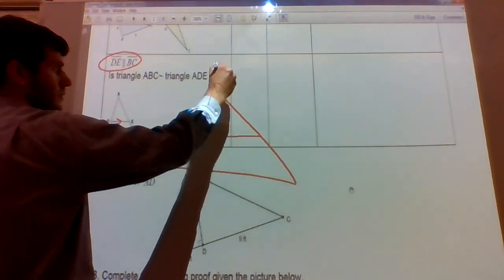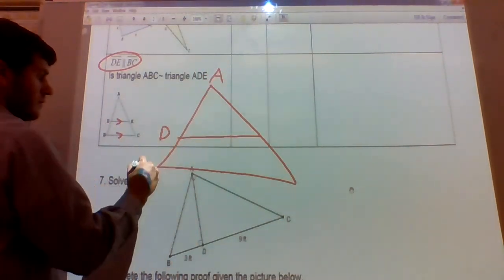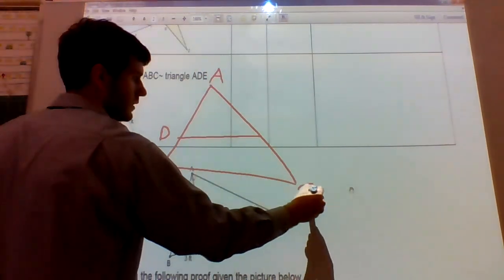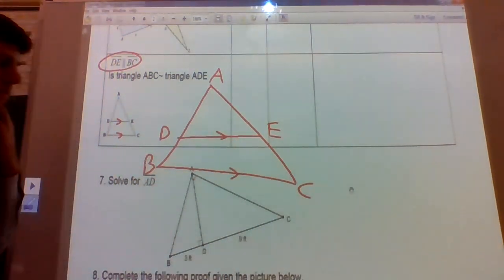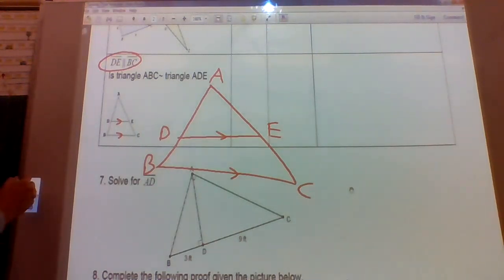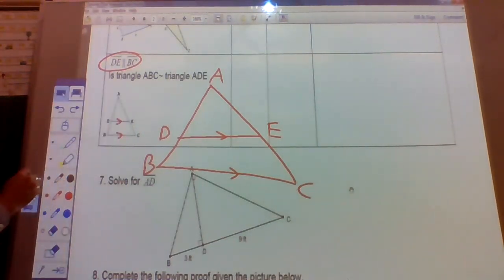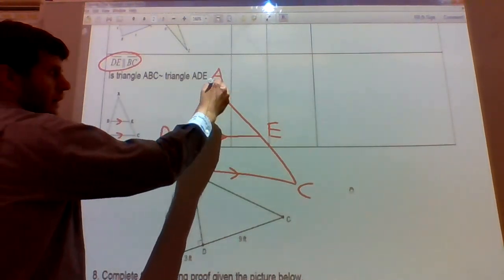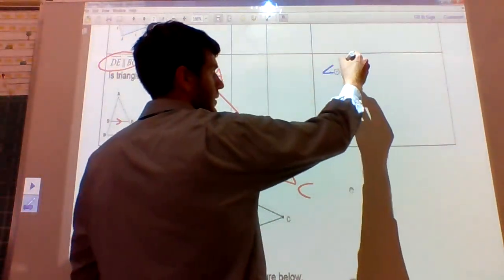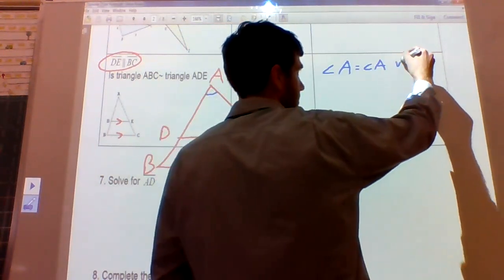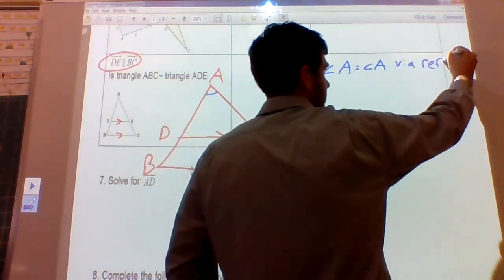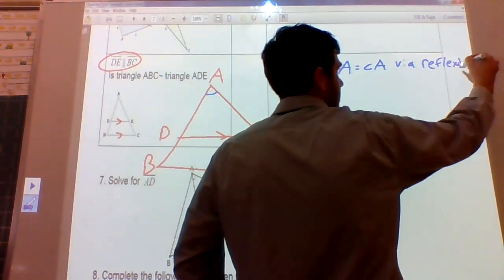So we have A, D, B, C, and E. Okay, these are parallel. So first thing we know is angle A is congruent to angle A by the reflexive property.